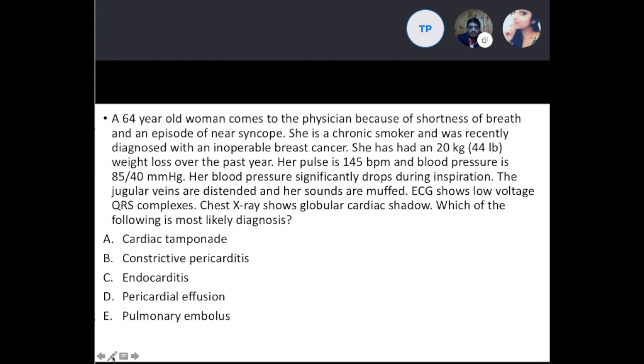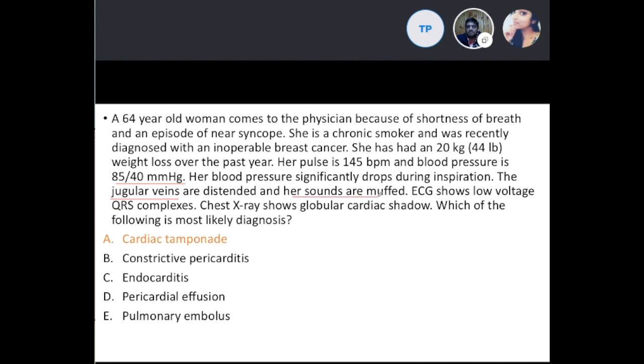Says A. Okay, yeah, A. That's the correct answer. Does anybody need any explanations for the other ones? This patient's got Beck's triad. Obviously the hypotension, JVD, and muffled heart sounds.